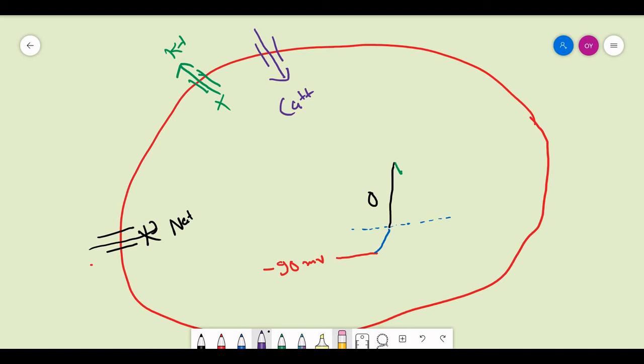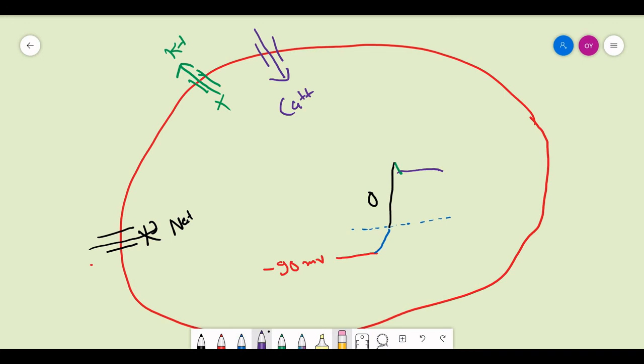So this potassium channel is closed and calcium moves in. So this will maintain the membrane potential to a plateau level, right?